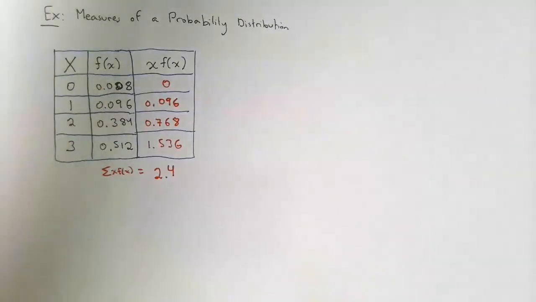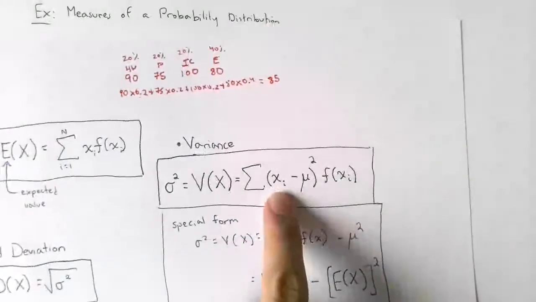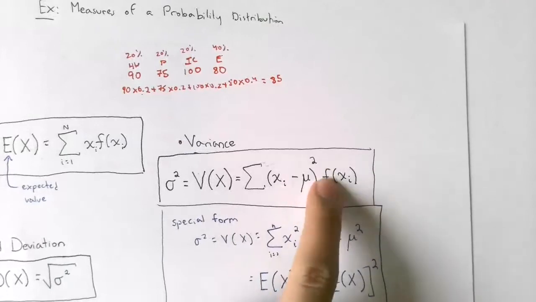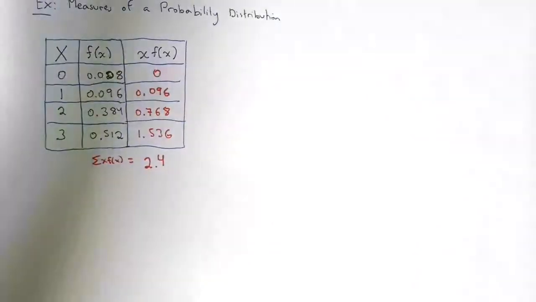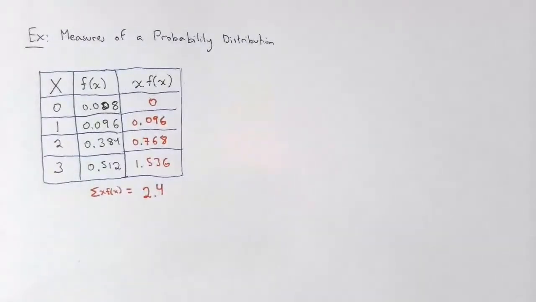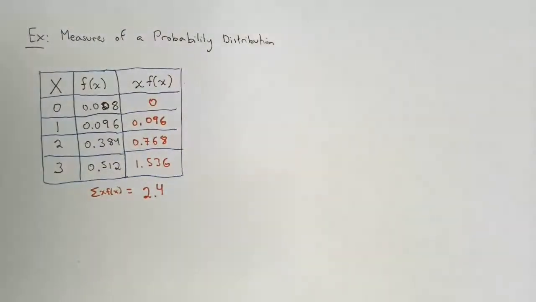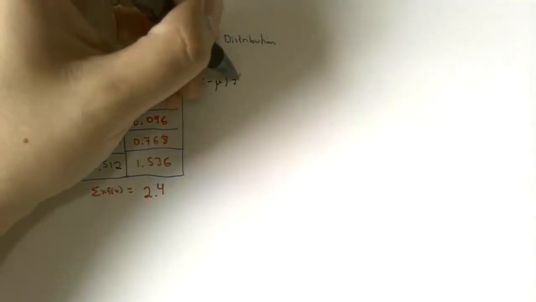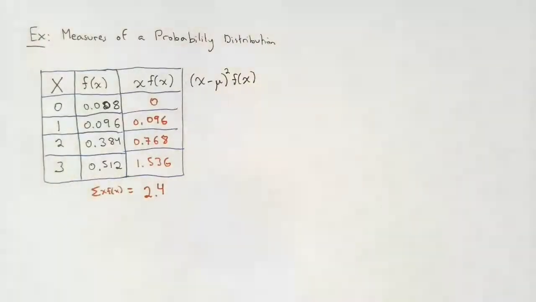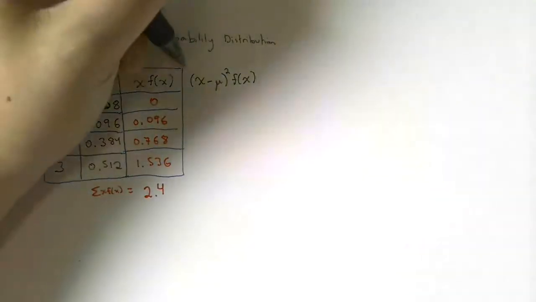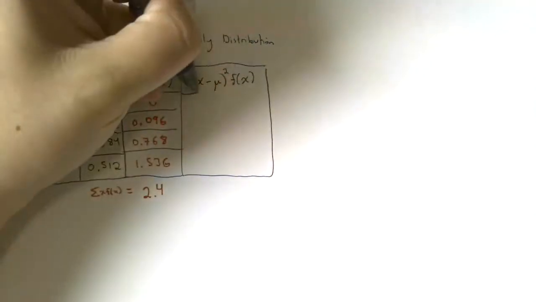You may recall from the equation that variance is just the difference between each value and the mean squared times the probability of that outcome. And that is exactly what we can find in this case: each outcome minus the mean, square it, and then multiply it times the probability of said outcome. And I hope that you're doing this in Excel.